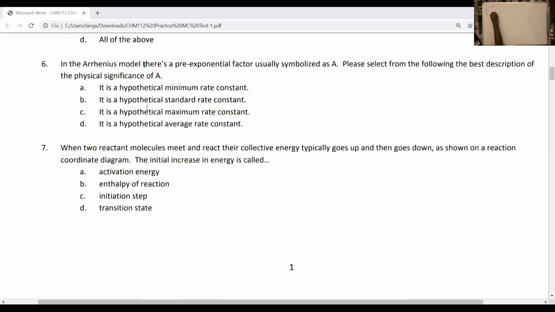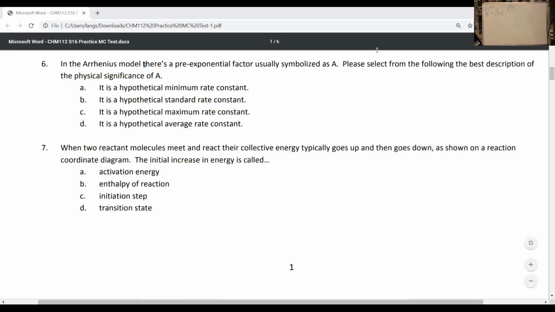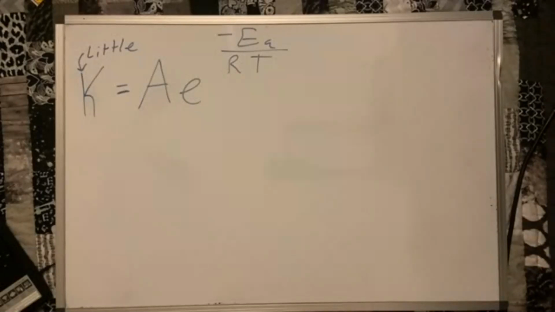Let me know if you can't. Here's a ridiculously large equation I'm writing for this A that's talking about what A is physically.